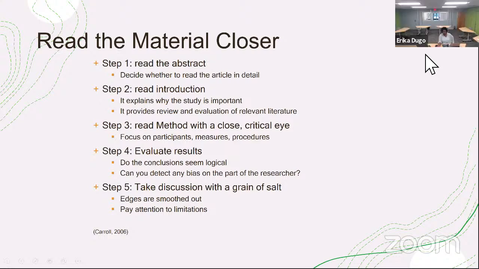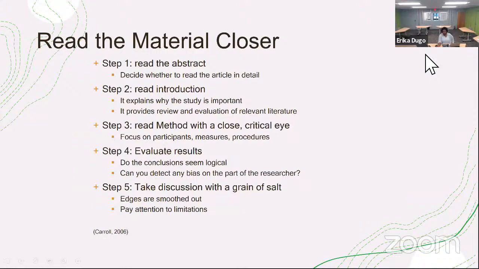The introduction will explain the importance of that study and provide a review and evaluation of relevant literature. So those papers that you read, they're doing the same thing that you're doing when you're preparing your literature review. They have to search the literature to back up the research that they are doing.